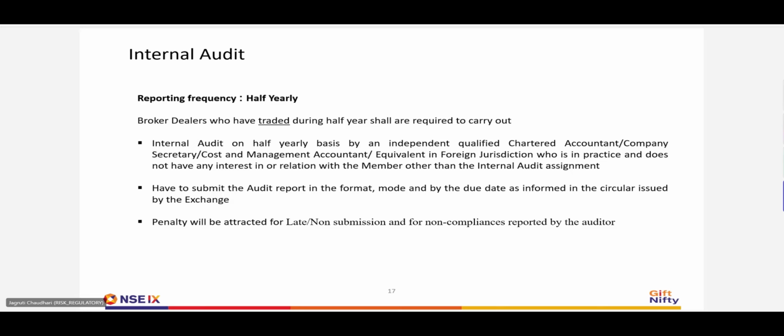They need to comply with this half yearly frequency of reporting. The criteria is that it should be done by a CA, CS, or CMA, or equivalent in a foreign jurisdiction. You need to submit the report in the format which will be informed by the circular, and penalties apply for non-submission or non-compliances.